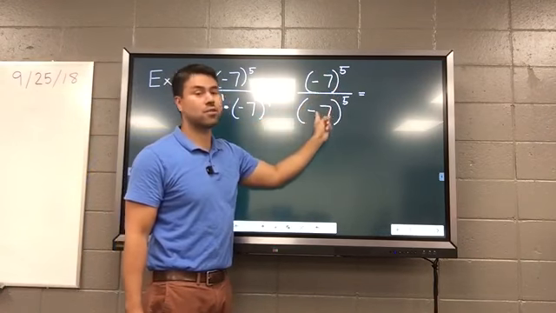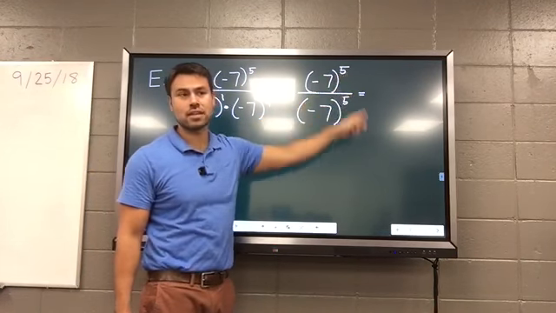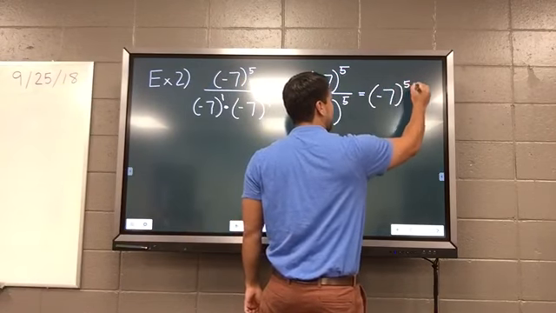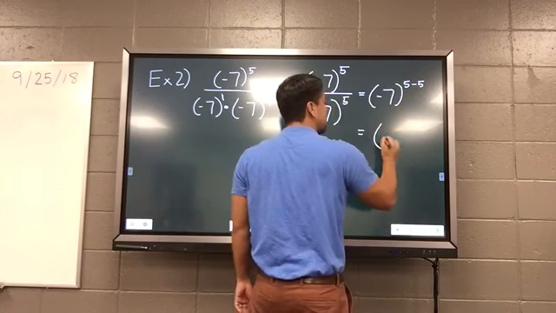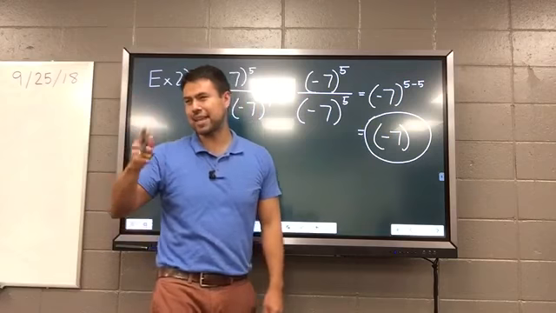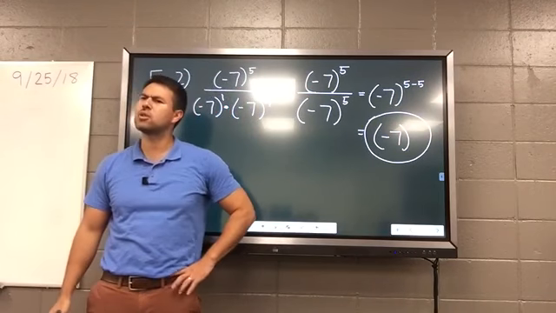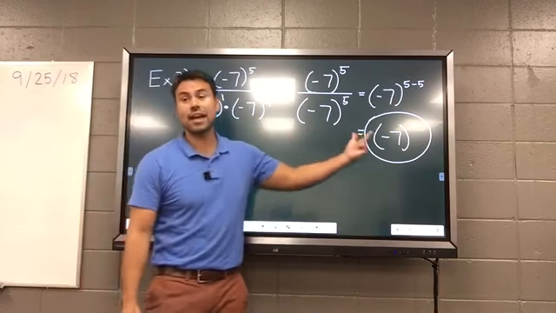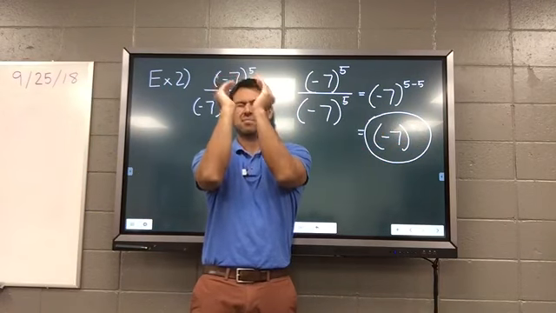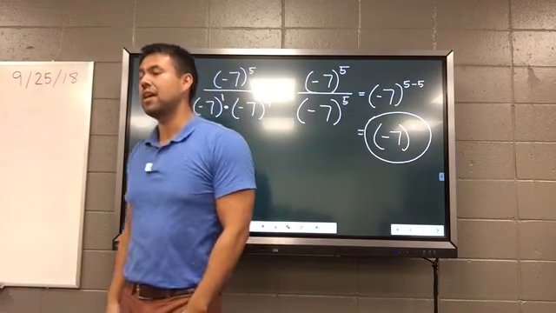negative 7 to the 5th over negative 7 to the 5th. What do you do with those exponents? So negative 7 to the 5 minus 5, which equals negative 7 to the 0. And did you hear what I said? Because some of you, I said nay. You're like, Mr. I got that. Okay, you got negative 7 and you got a 0, but you didn't have the parentheses.